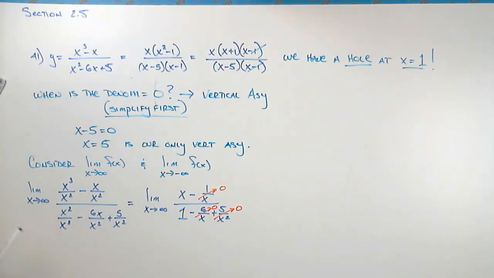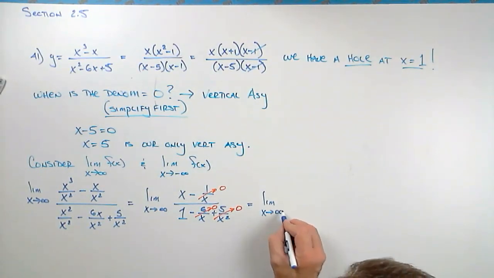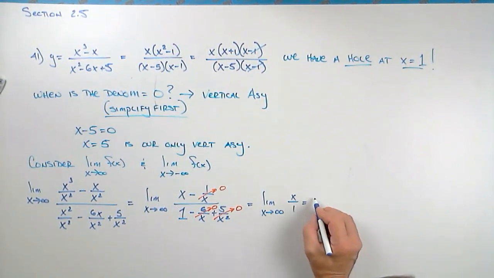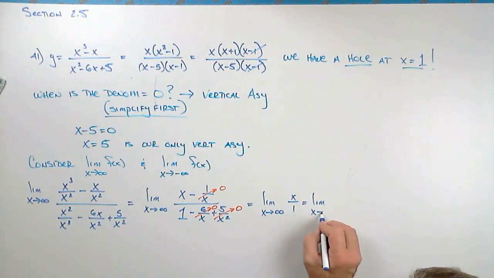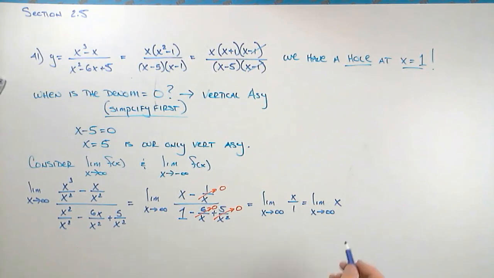But what are we left with? We're left with the limit as x approaches infinity of x divided by 1, or just x. Well, that's obviously infinity. So we do not have a horizontal asymptote at positive infinity.